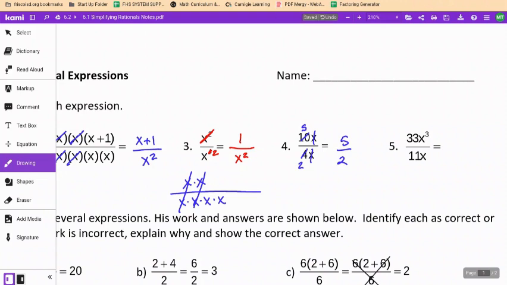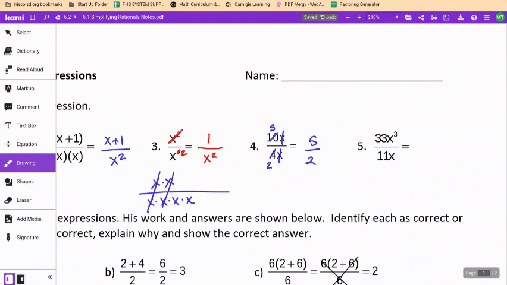In number 5, we have 33 over 11. So 11 goes into both of those. 11 will cancel and turn into 1. 33 divided by 11 gives me 3. And then the variable part, I'll do that in red. This has an exponent of 1, right? So we have x to the first power over x to the third power.